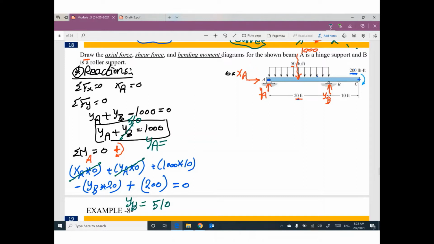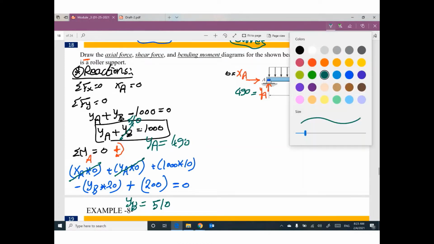Yes, 490. So YA equals 490, YB equals 510, XA equals 0.